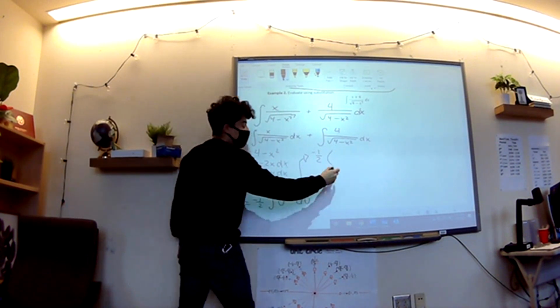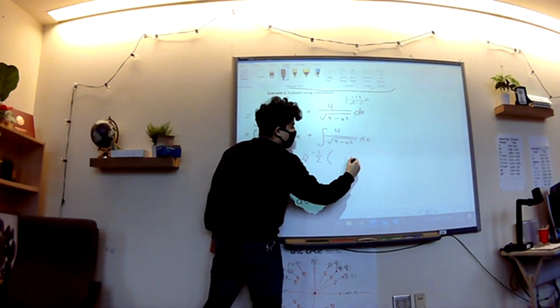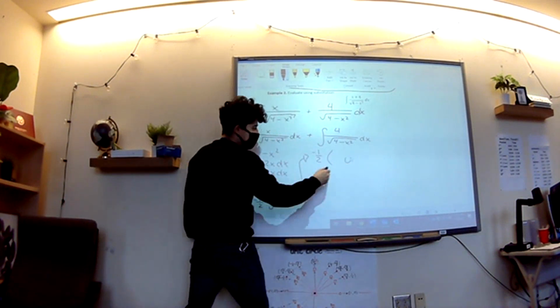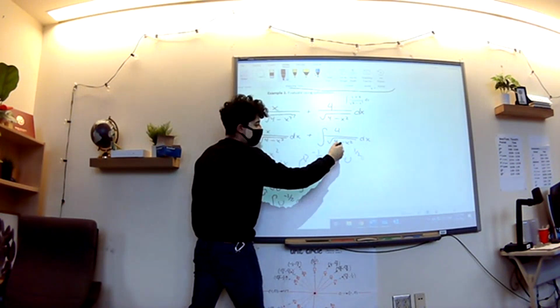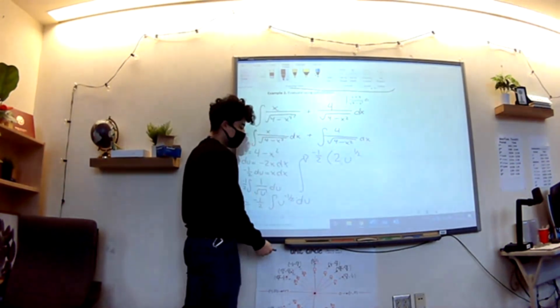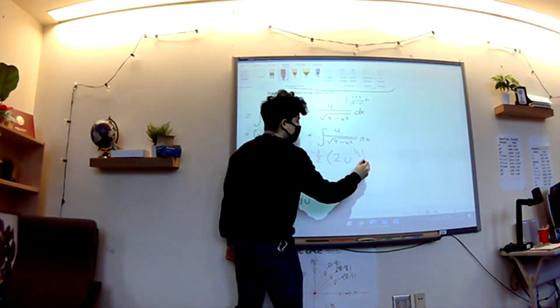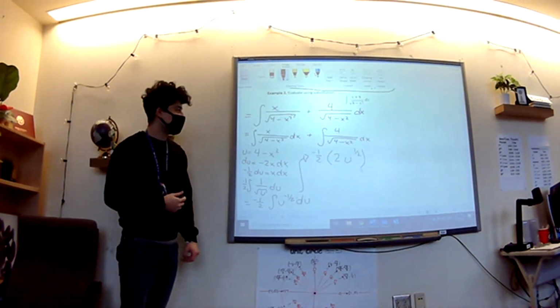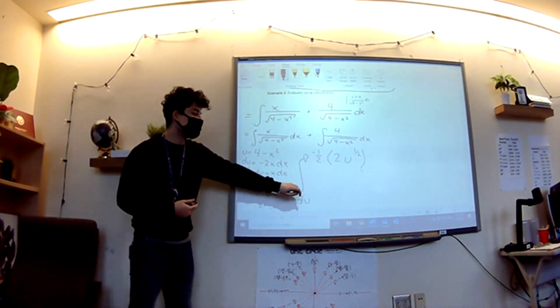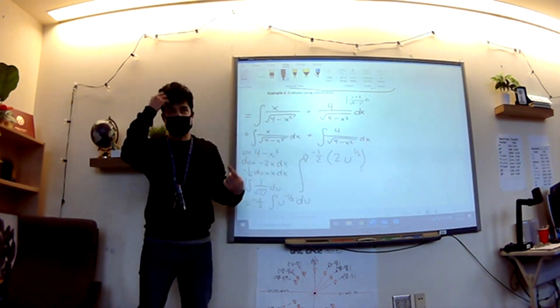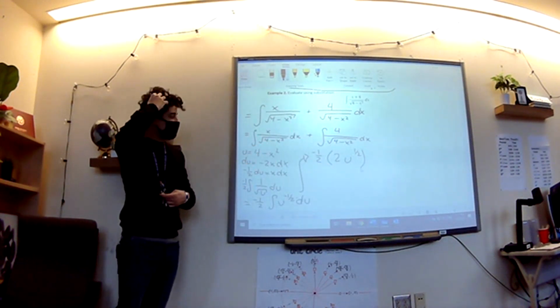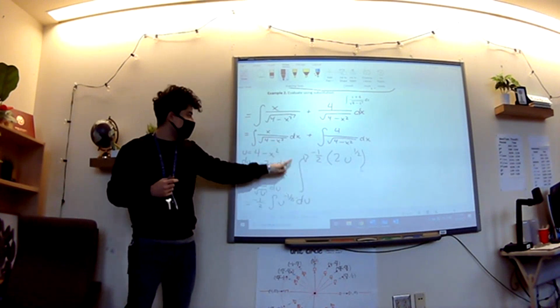We follow that same rule. u to the 1 more than this would be positive 1/2, then divided by 1/2 is the same thing as multiplying by 2. Okay, so there's this integral, and then plus c, but I'll save the plus c for when these are both done. Okay, there's the left one.